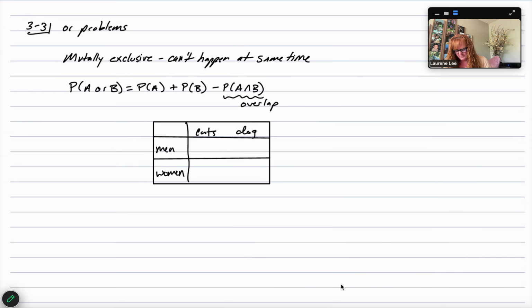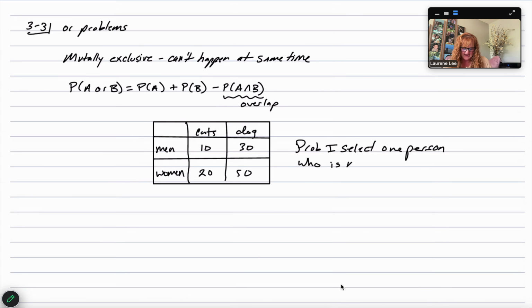So the number of men and the number of women who own cats and dogs, we're going to go 10, 20, 30, 20, and 50, say. Okay. If I want to know what's the probability that I select one person who is a man or owns a dog.